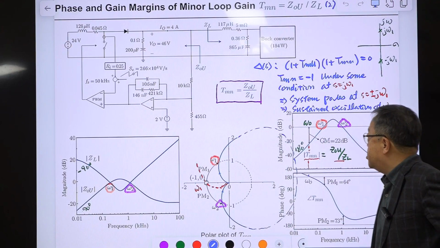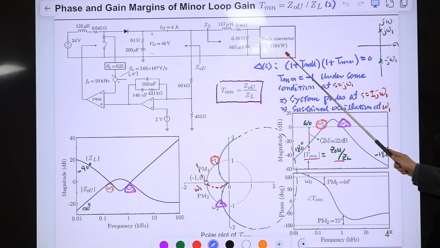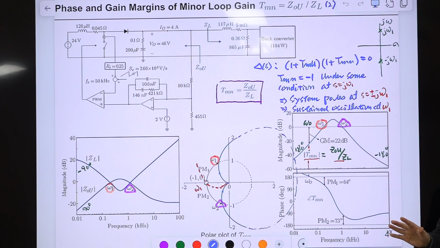But in this form, 1 plus Tmn equals 0 is the characteristic equation. In terms of its role in the analysis, it is performing the function of what? Loop gain. So we call it the minor loop gain.